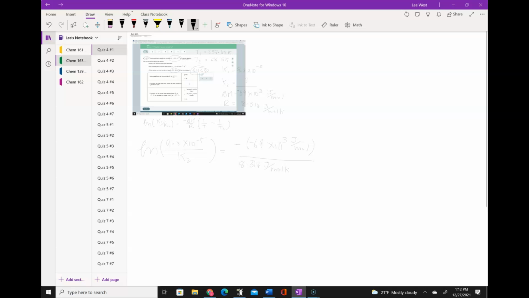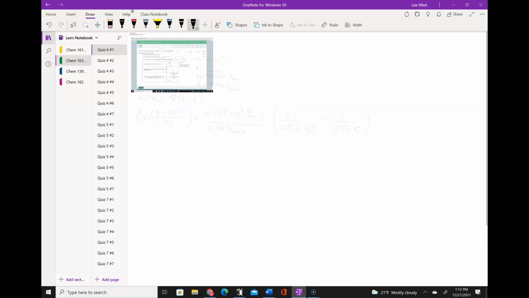Okay, so that's my delta H on R, multiplied by 1 on T1, which is 257.45, minus 1 on 236.15, and that's going to have units of 1 on Kelvin.